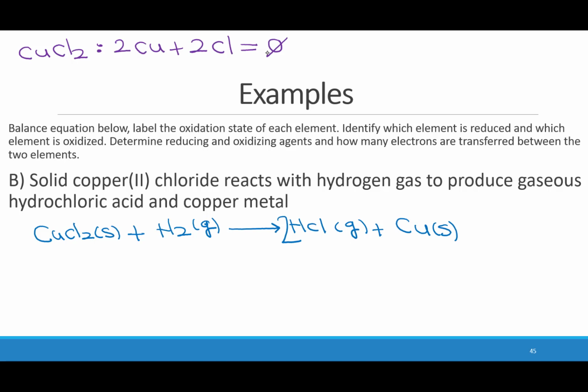Now we're going to solve for copper. Then it's 2 copper, we don't know what its charge is, plus we have 2 chlorine, or chloride ion, group 7 is -1, the sum of charges is 0. Therefore, now solve this equation. 2 copper minus 2 becomes 0.